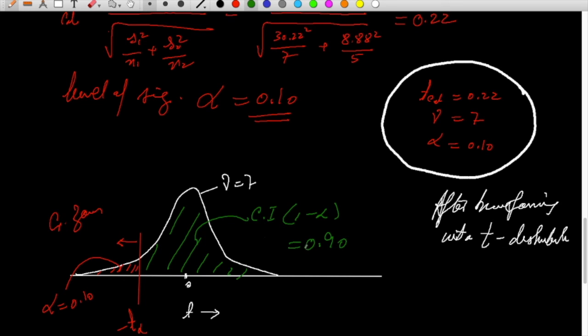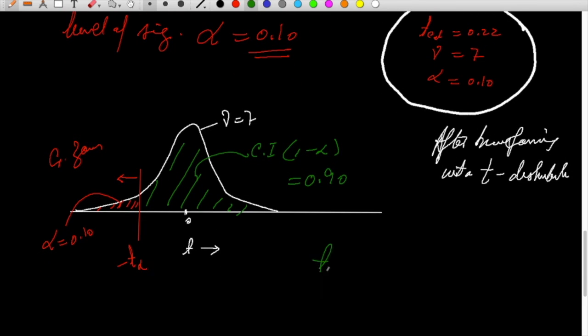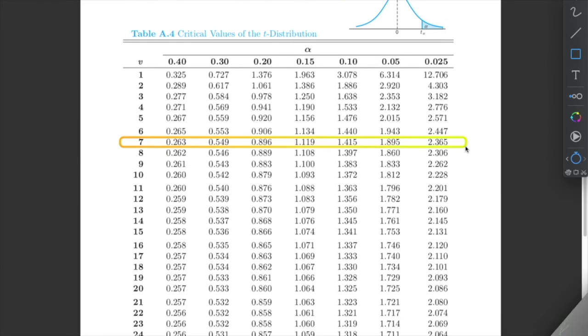Now we have to see where the calculated value lies. For that we have to find minus t alpha, and alpha is 0.1. The value is 1.415.